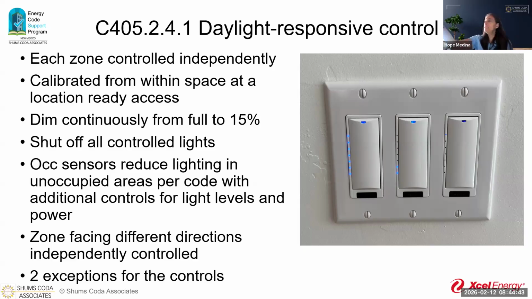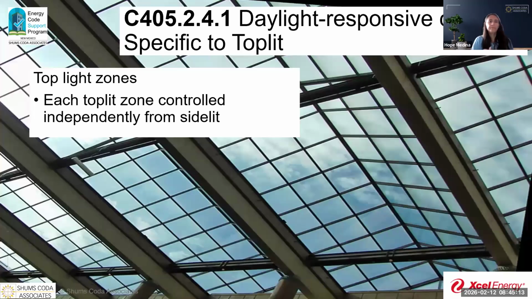It's facing both east and north. I was going to say east and west, and that just isn't going to work. In those instances, you're going to have controls that do the zones independently. So there may be a time that it makes sense that the lights are on a little bit more when it's facing this direction than that direction.